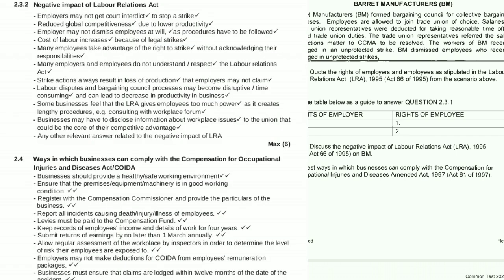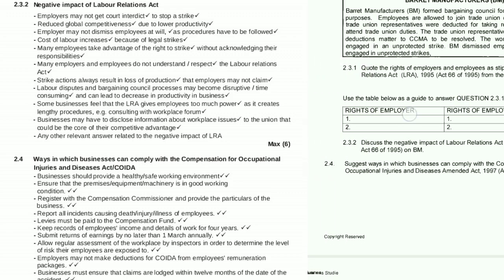This one is in your notes, and I've done a video about it also. Businesses should provide a healthy, safe working environment. Ensure that the premises, equipment, or machinery is in good working condition. Register with the compensation commissioner and provide the particulars of the business. So that's it, guys.